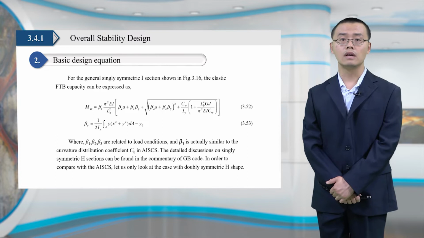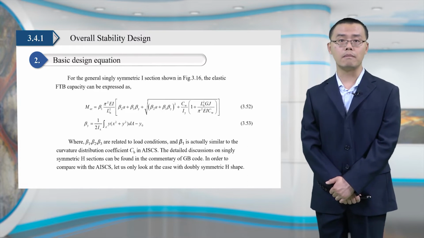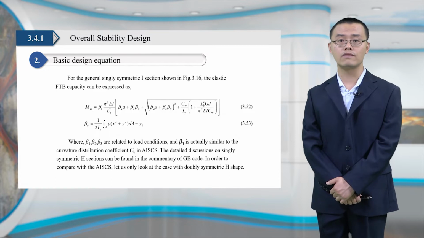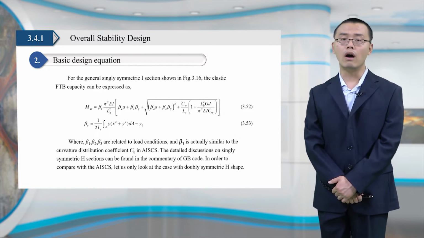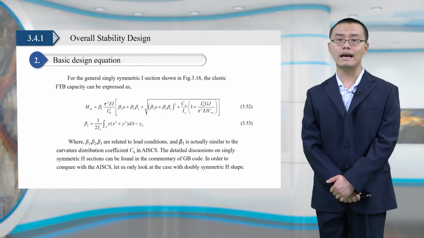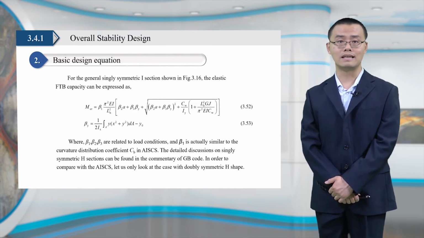The detailed discussions on singularly symmetric H sections can be found in the commentary of the GB code. In order to compare with the AISC, let's only look at the case with double symmetric H shape.